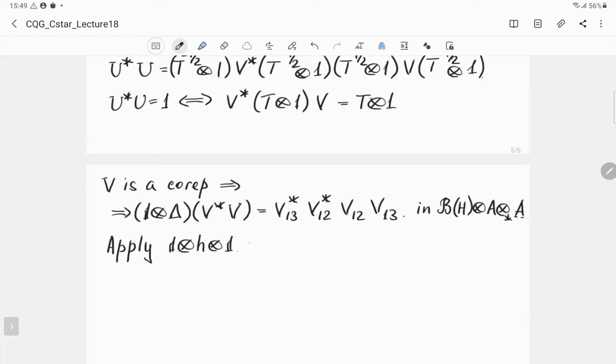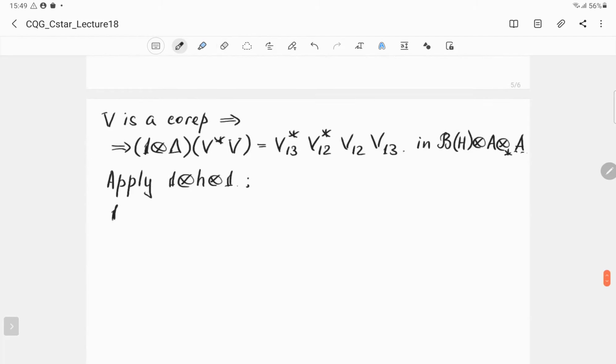And we get the following. So the left-hand side looks as follows: 1 tensor H tensor 1, 1 tensor delta applied to V star V.